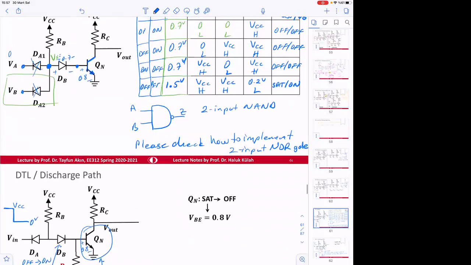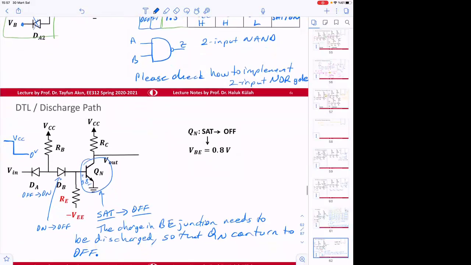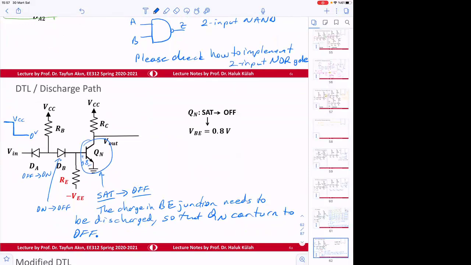You can assume that the PN junction is saturated, so it is as if you have a capacitive path here at 0.8 volt, and you are trying to discharge it. How is this going to be discharged? The current cannot go towards here, so it takes a very long time. It is not practical to turn off this one easily.